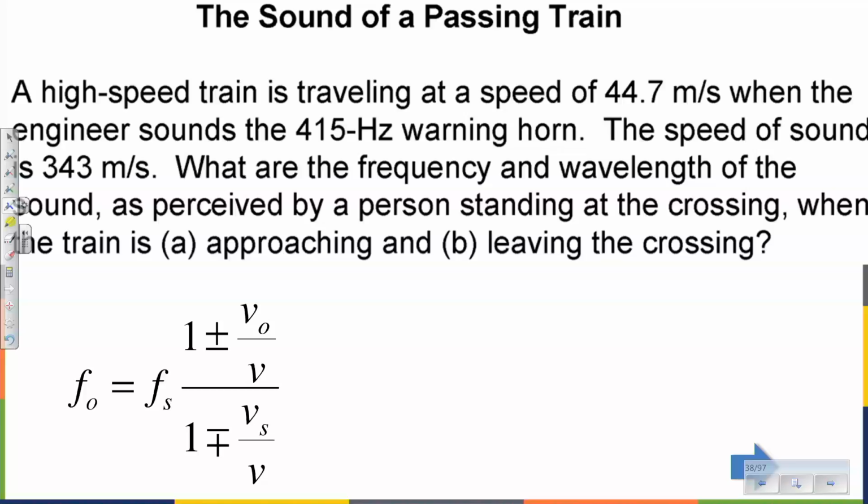So if the observer is at rest, this number equals what? No one else can see it, so you have to say it. 0. So this is done. And here we have to choose a plus or a minus, depending on the case.